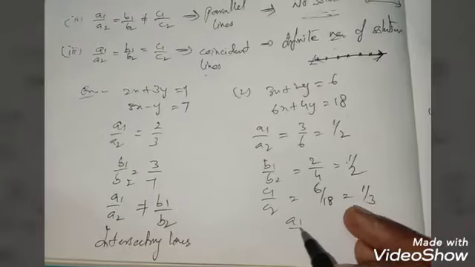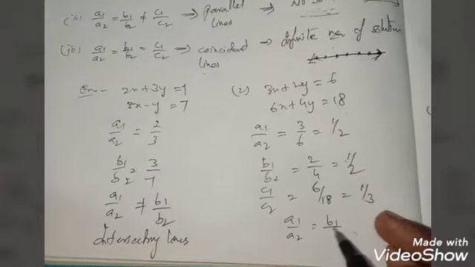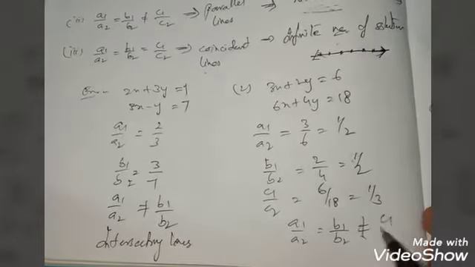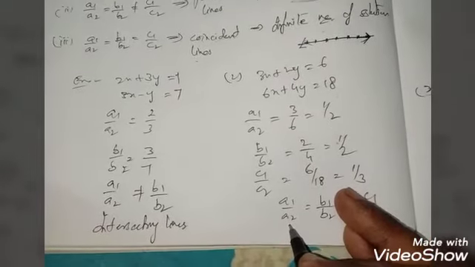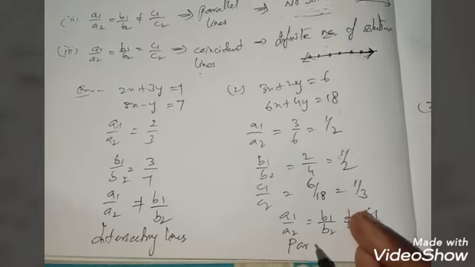So I can write a1/a2 = b1/b2 is not equal to c1/c2. So which type of lines are these? They are parallel lines.